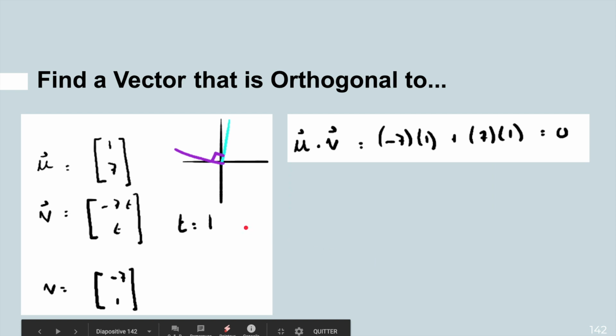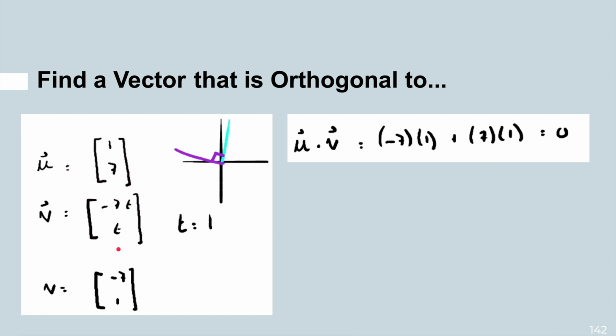Let's continue. So if we know what u is, and we know what v is, well then we're only asked to find a singular vector, right? If we were asked to find an infinite amount of vectors, we could just leave the answer as this, because you could replace t with whatever you want. So for simplicity's sake, we're just going to replace t with 1.